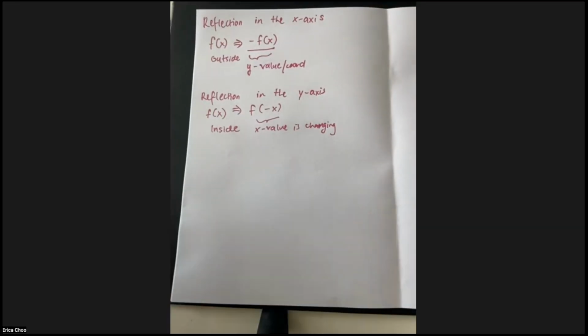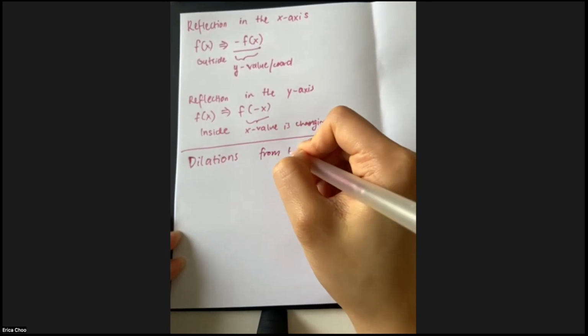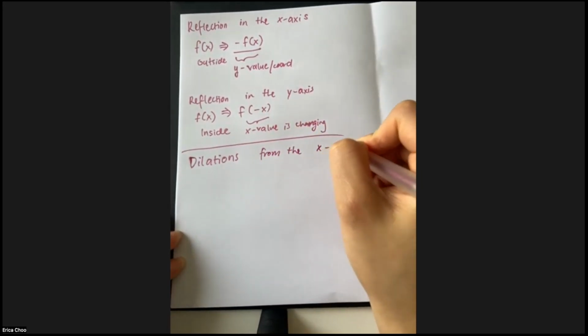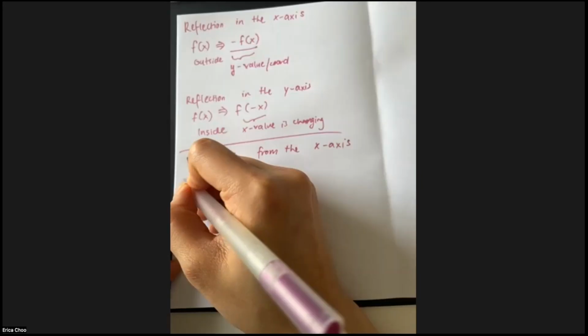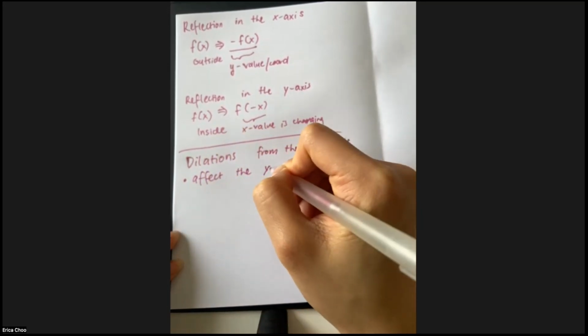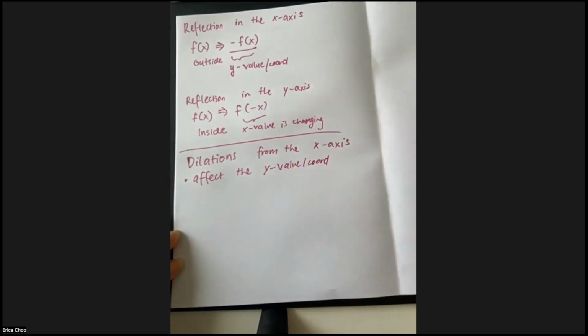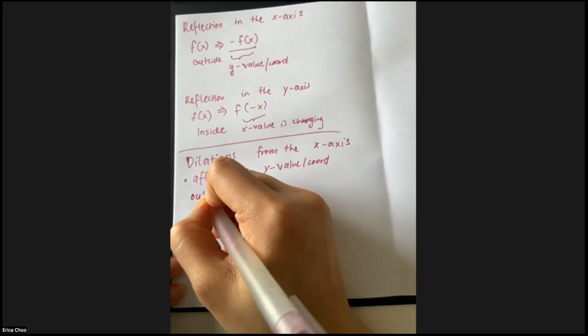Okay, now let's move on to dilations from the x-axis. Okay, so first step, you affect the y value or y coordinate. And obviously, every time you're affecting the y value or coordinate, that's outside the function.